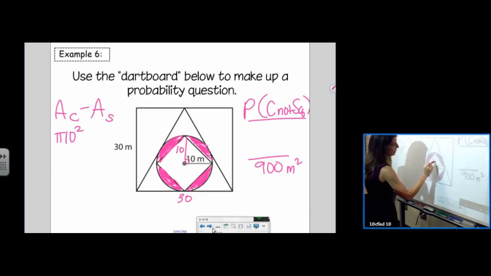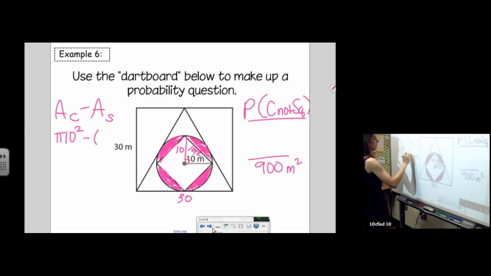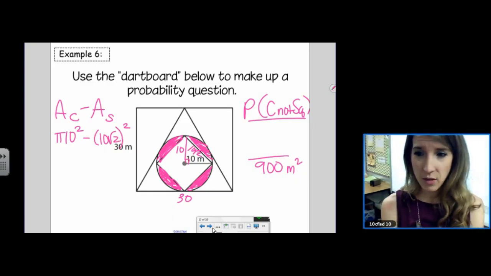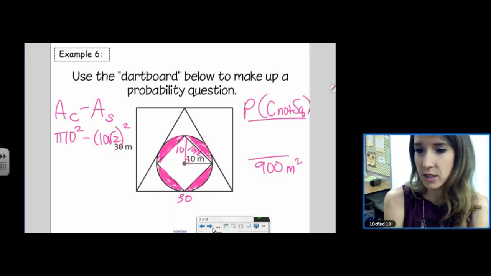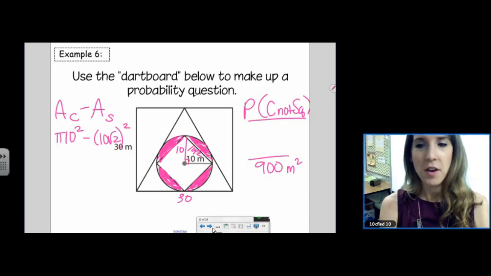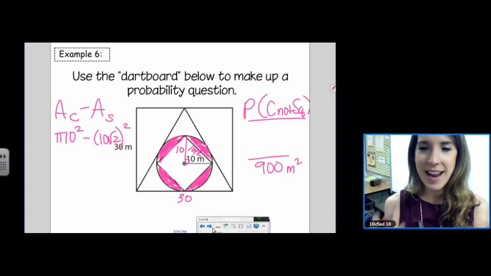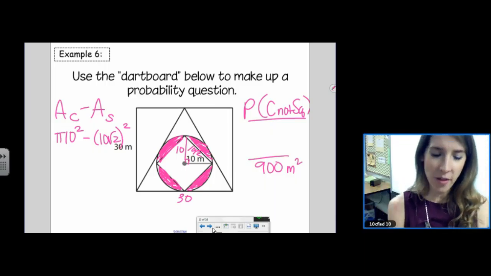10 root 2. Is everyone okay with what I did there? The side of the square is 10 root 2. How do you find the area of a square? Side squared. Okay, we're not going to do this one geometry case style. We're not going to do exact where Miss Tanton makes you keep all the radicals and keep all the pies.